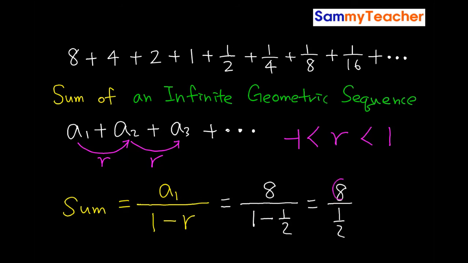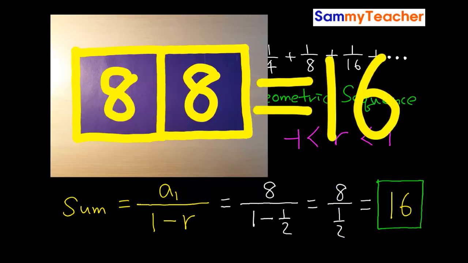And since 8 divided by 1/2 is the same thing as 8 multiplied by 2, 8 times 2 will be 16, which is the sum of the infinite geometric sequence. And that's the same number we had when we were visualizing the sequence by finding the area.